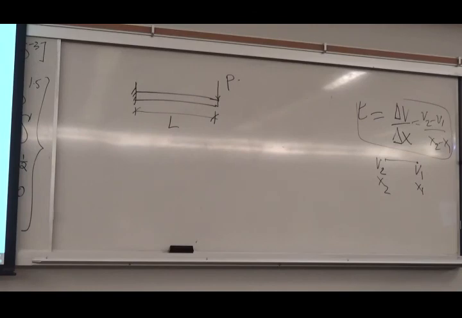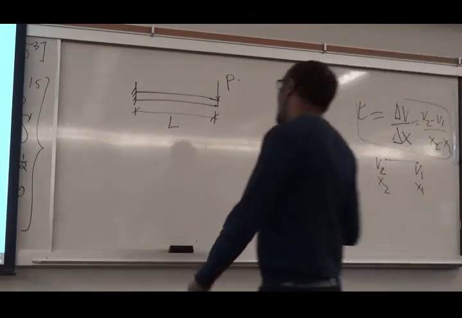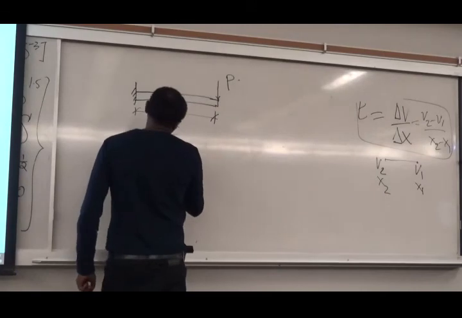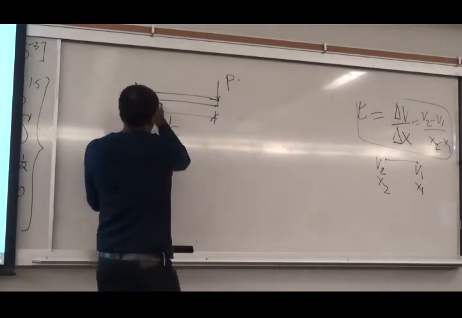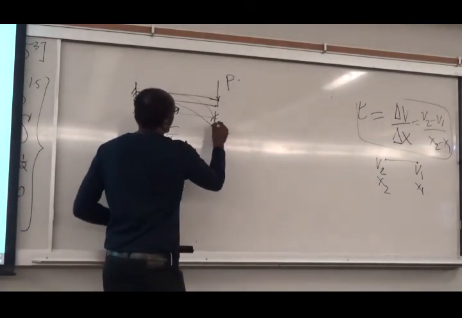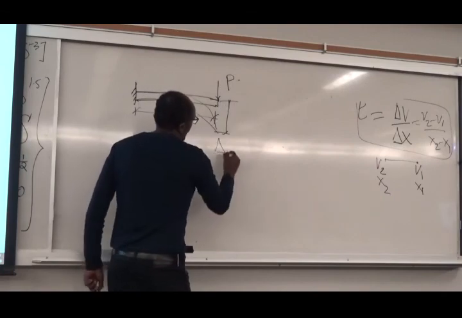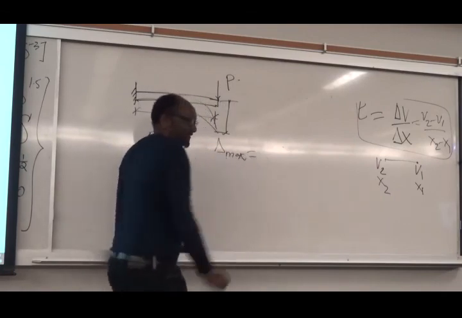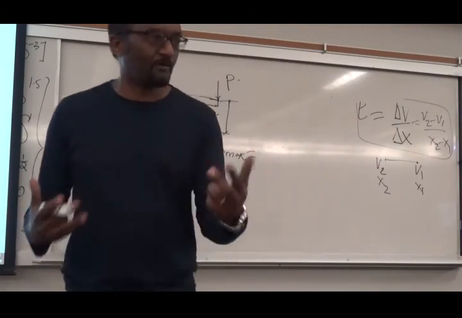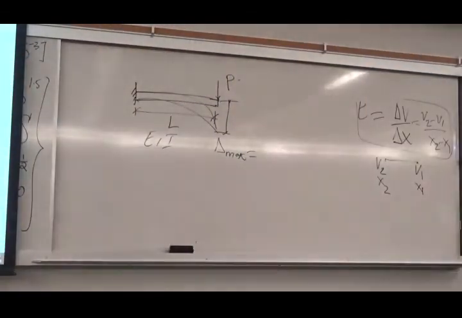Deflection in a cantilever. Apply a load P, length L, Young's modulus E, moment of inertia I. So delta max. Give me a formula. Come on, guys.